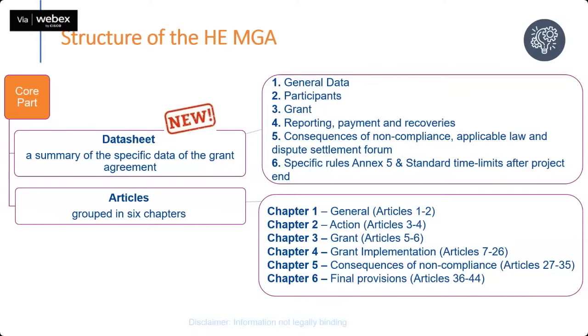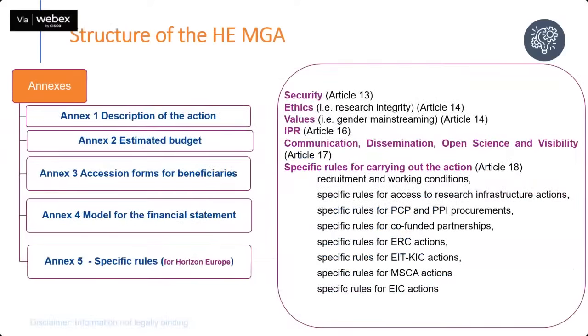Then we have the core part, which is the articles of your grant agreement, and a number of annexes. Annex 5, I already explained before. This is really an area for customization that we have in Horizon Europe, where we have the specific rules for our action. You can see some examples in the slides. So these are the most important parts of the structure of the MGA.